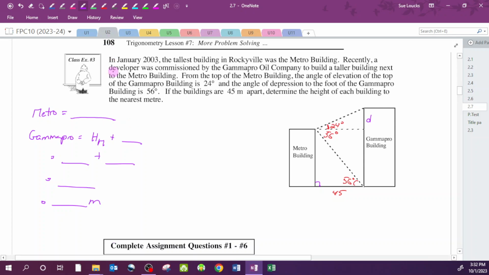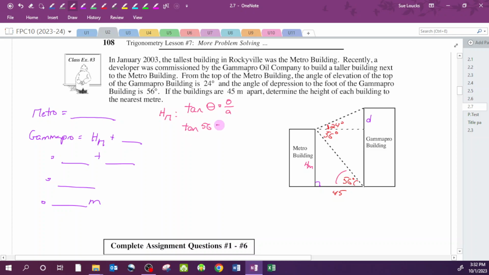All right, well, let's first find the height of the Metro building. So HM, height of the Metro. Let's label it here. This is HM. If I look at this triangle, there's my angle of interest, opposite and adjacent, so it's tan. Tan theta is opposite over adjacent.